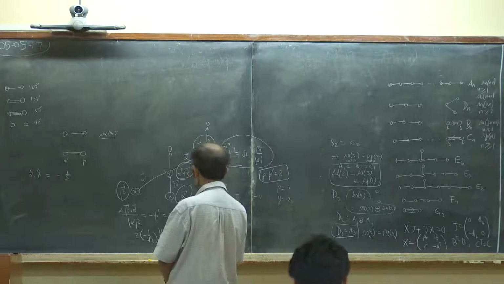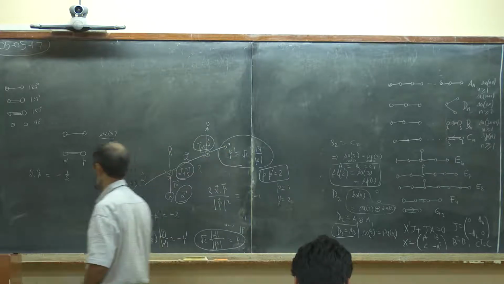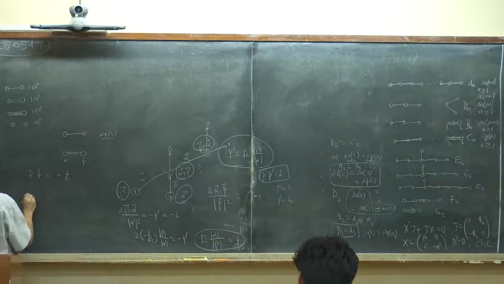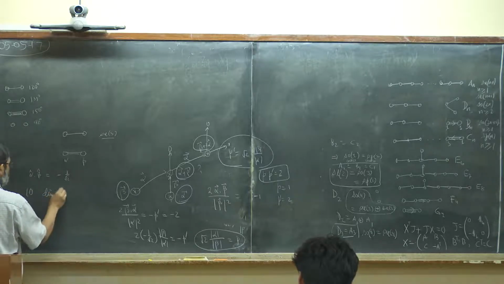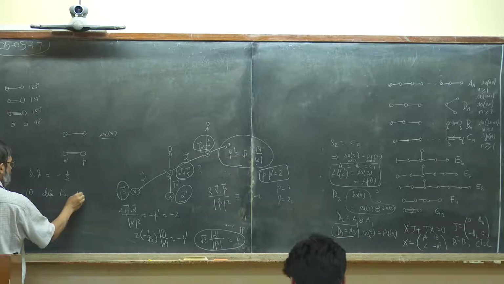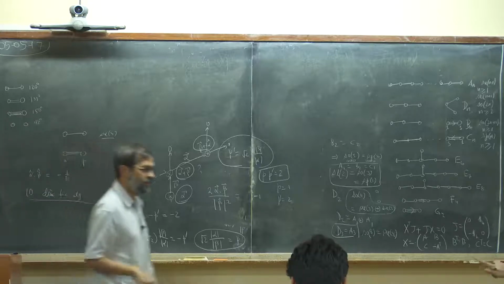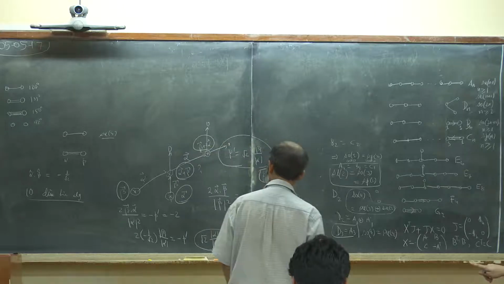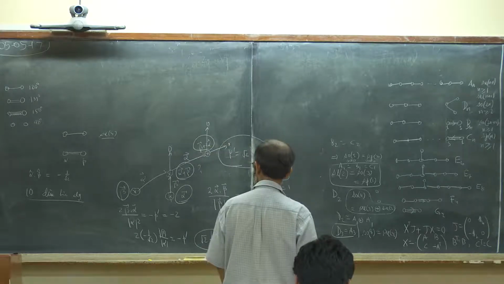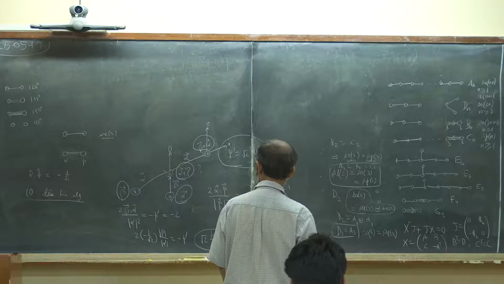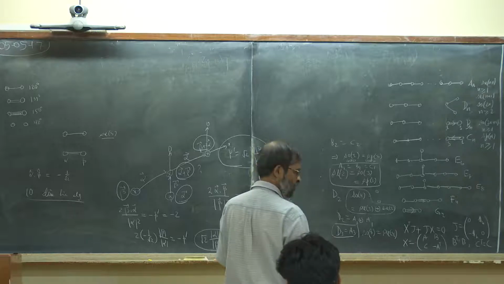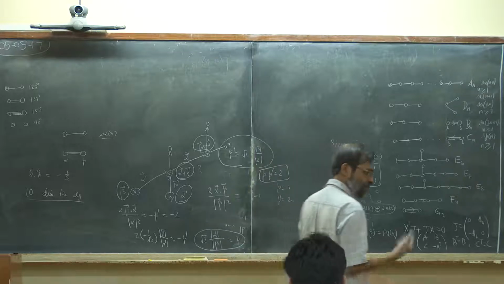So it's a 10-dimensional Lie algebra. There are 4 positive roots, 4 negative roots, plus 2 Cartan subalgebra elements.